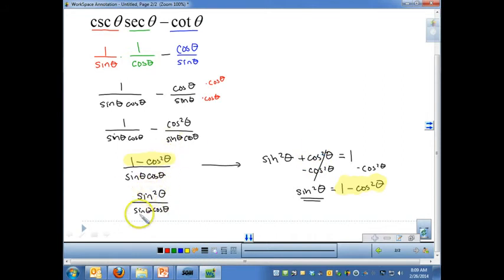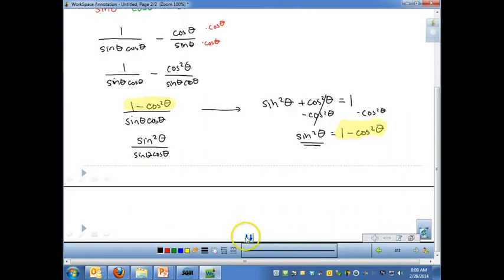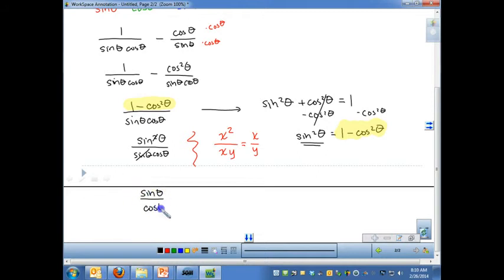So at this point, now we just need to reduce the fraction. Let's do a little sidebar here. This is like saying x squared over x times y. I can cancel one of the x's and be left with an x in the numerator and then have a y in the denominator. That's what we're going to do over here. I have sine squared over sine, so one of those will cancel, and I'm left with the sine of theta over the cosine of theta.